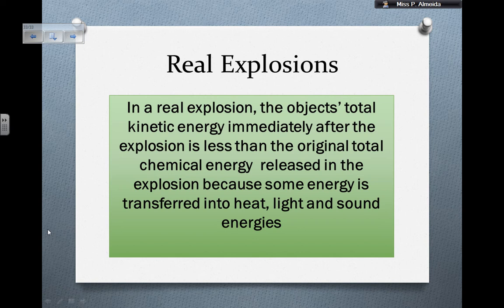The original could be chemical energy, for example, or the spring's elastic energy. The energy after is less than the original energy because some energy is transferred into a non-useful form, into waste energy. Some energy will be transferred into heat, light, and sound energies, okay?